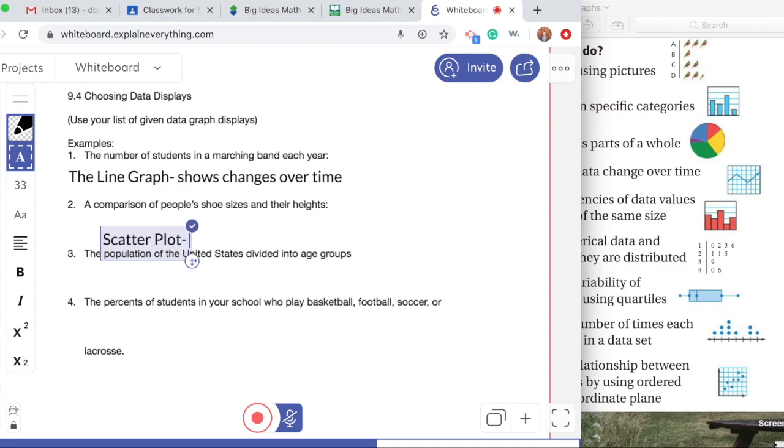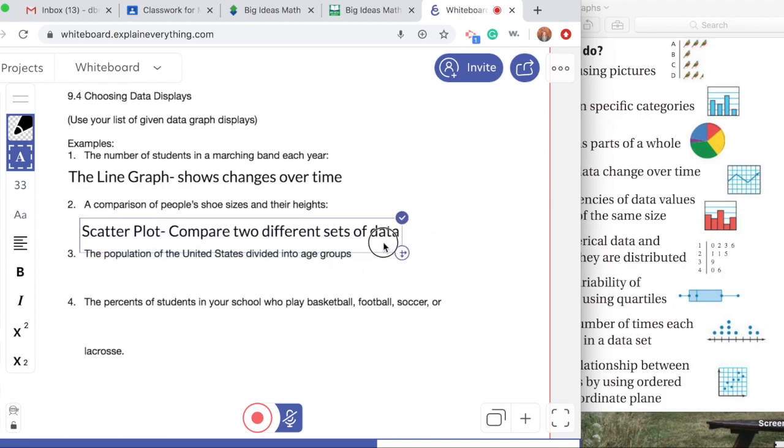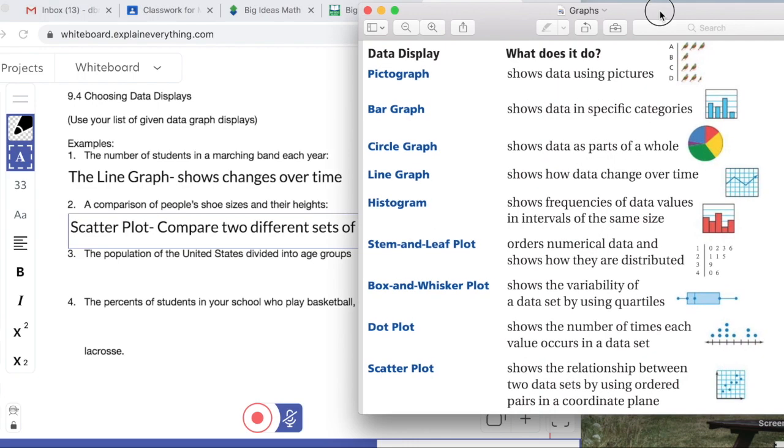You might be thinking, okay, how do you back this up? Why do you choose a scatter plot? Well, this is because I want to compare 2 different sets of data. I'm comparing my shoe size and I'm comparing the heights. So a scatter plot would be an extremely appropriate display for number 2.